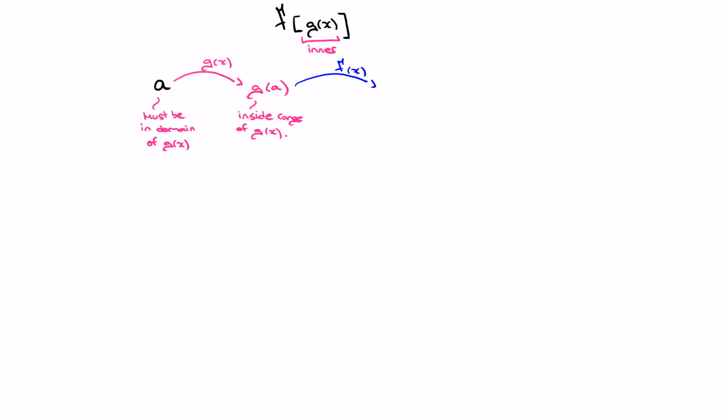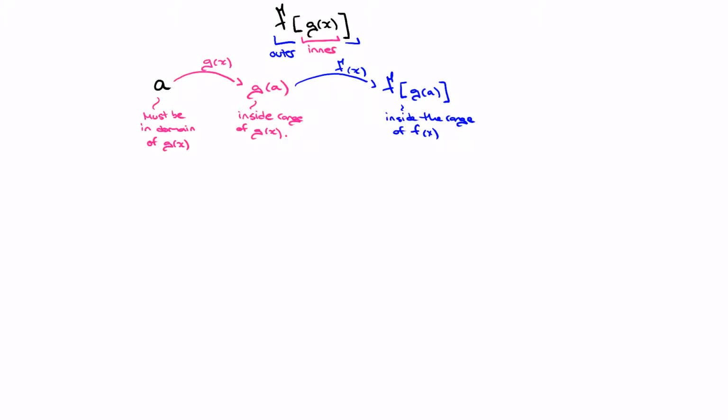And f of x is the outer function of this composite function. And via f of x, g of a is turned into f of g of a. And so, since it's produced by f of x, we can see that the final output must be inside the range of the outer function f of x.